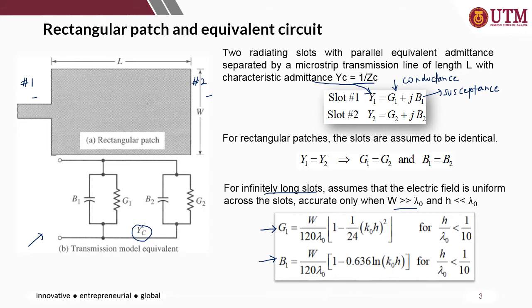And the k naught here is the free space wave number, which can be estimated by using 2 pi over lambda naught, or equal to omega over c.